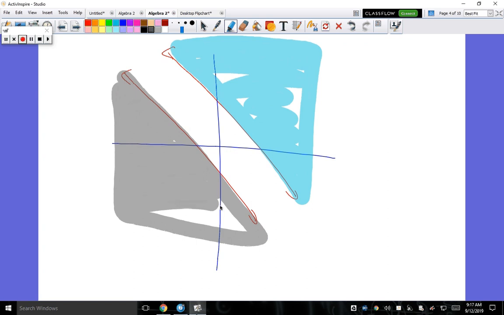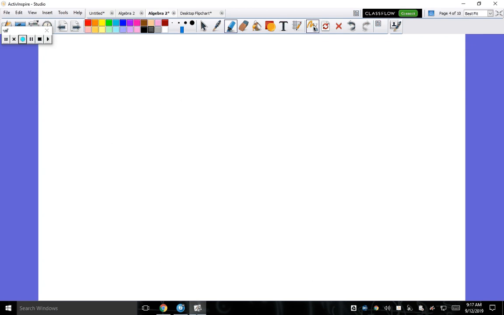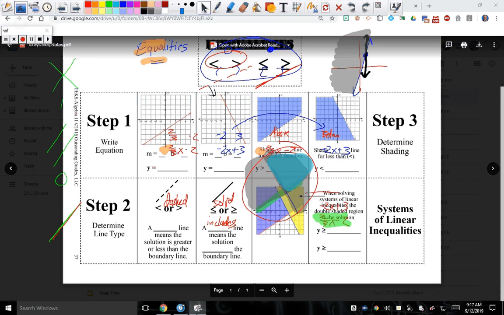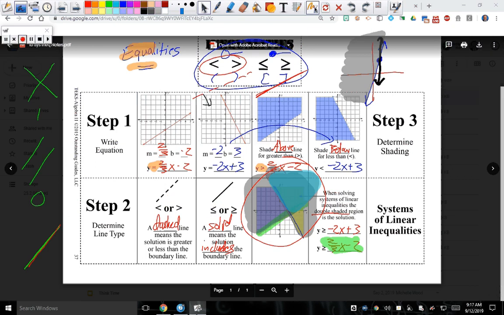Marcus is absolutely correct. You would have no answers on this one. Because the answers are, where do those cross? And or where would those overlap and shade together? Okay? Here's what I'll say, Marcus. I've never seen one like that. But you are absolutely right. If you had one like this, it would be no solutions. Okay? Alright, so let's go back.